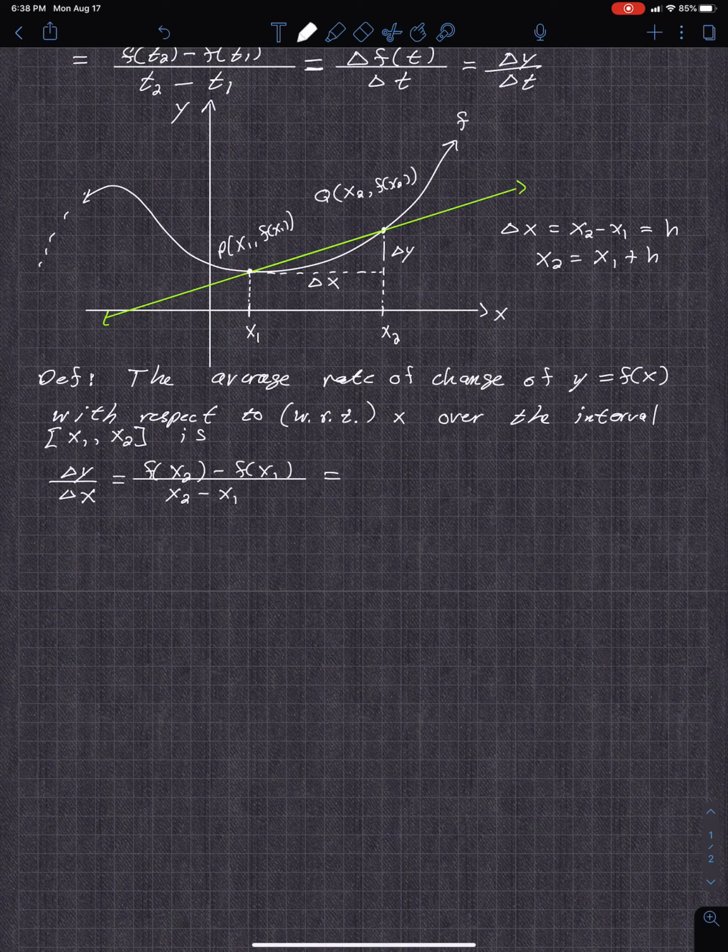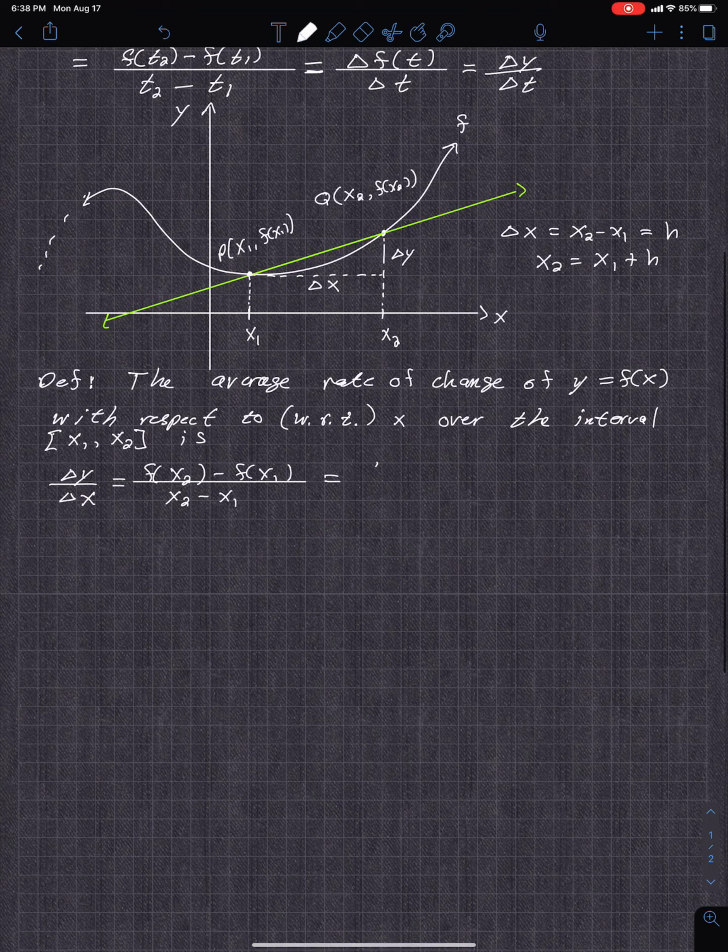And then now we can change the notation a bit. If we replace x2 with what I have above here, then it becomes the other way of writing it. So it's f of x1 plus h, or plus a little bit, is how I want you to think about it, minus f of x1 all over, and then what does that denominator x2 minus x1 become? And that becomes your h.